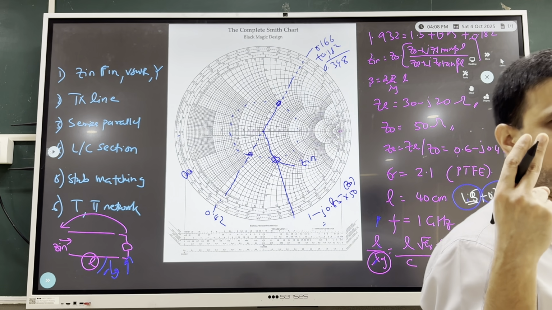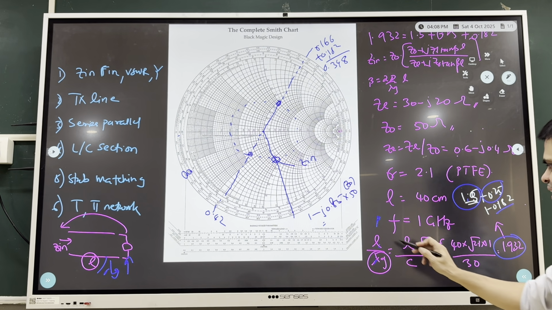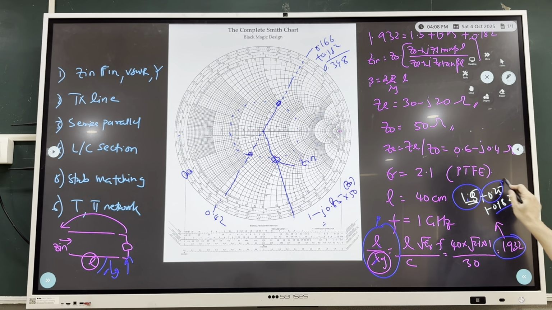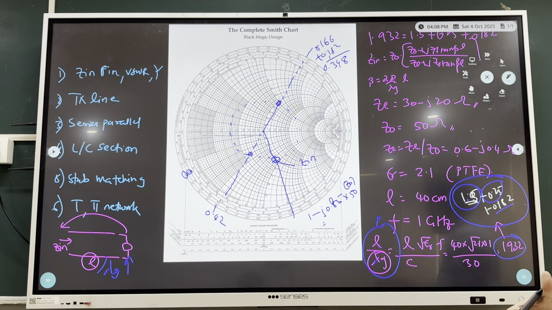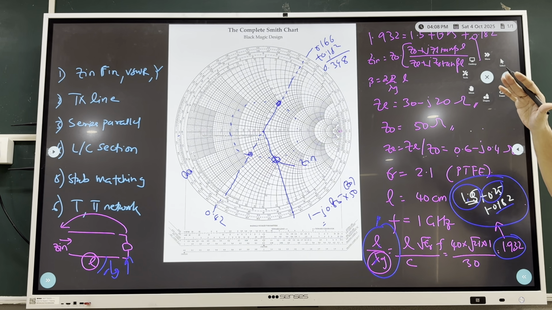The only catch is your identification of the L by lambda g value and appropriate splitting of this distance, so that you travel a complete circle or a semicircle and then travel the remaining distance, so that you arrive at the required input impedance location.